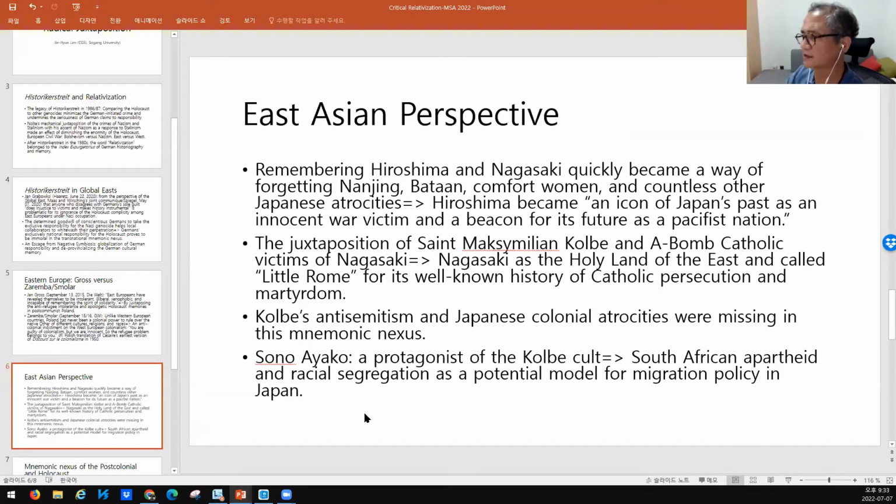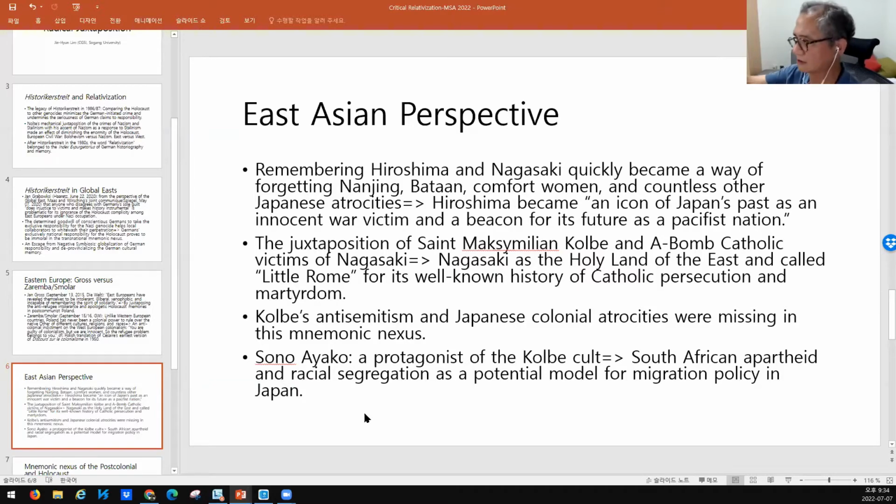But in this juxtaposition, there was totally no mention of the anti-Semitism debates about Maximilian Kolbe.